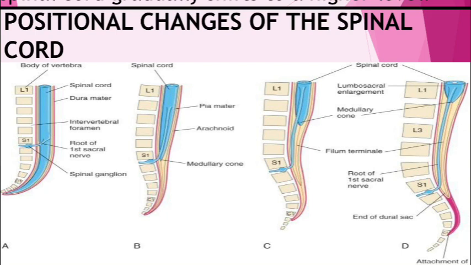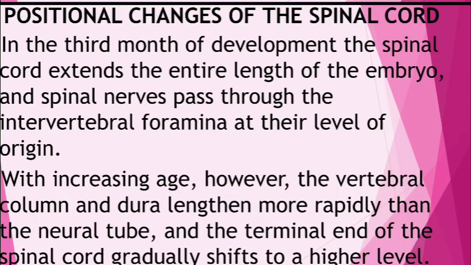So the sonic hedgehog protein signal, when it's there, represses the expression of PAX3 and PAX7, as well as MSX1 and MSX2. So what do you have? The sonic hedgehog protein is important in ventralization of the neural tube.